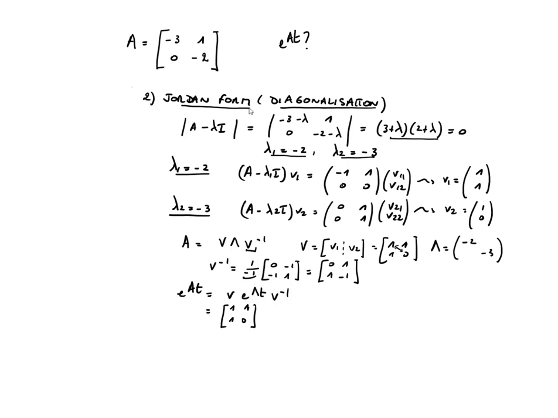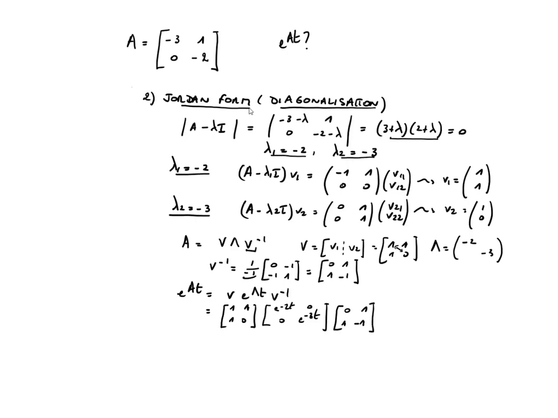The exponential of Lambda t is quite easy. We have to take this matrix, and on the diagonal we'll have e to the minus 2t and e to the minus 3t, with zeros off the diagonal. Then we have to multiply by this matrix over here.